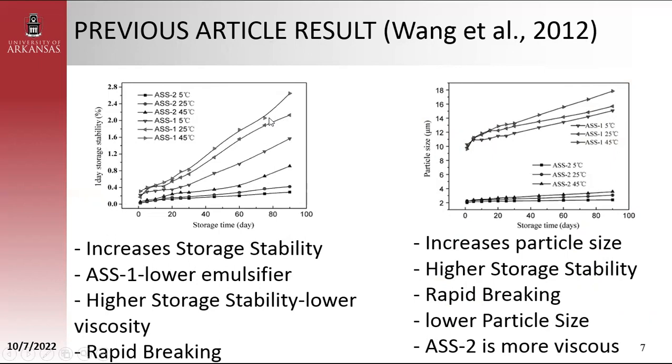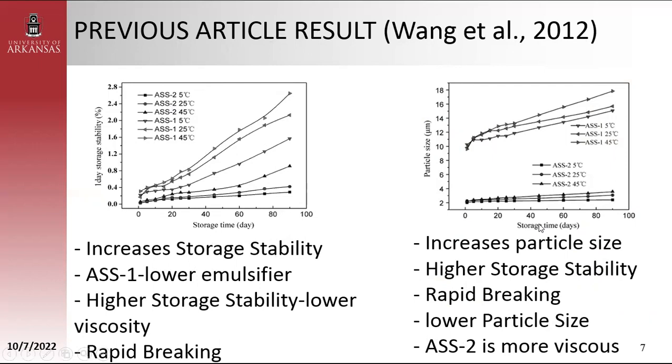What do we mean by stability? Stability is the phase difference between the upper and lower portions. So if storage stability is lower, there will be more settlement, the particles will be more unstable, and they will be more breakable. This is the difference between ASS1 and ASS2.